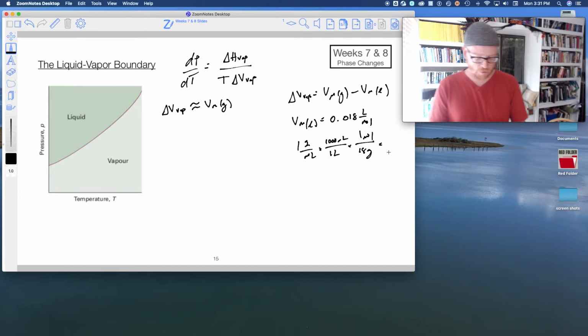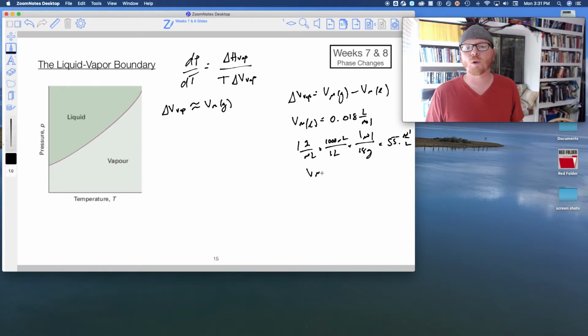But when I do that calculation, basically 1,000 divided by 18, I get 55.555 mole per liter. And if I flip that, if I do 1 divided by that answer, I get the 0.018 liter per mole. Okay, so that's where that comes from.